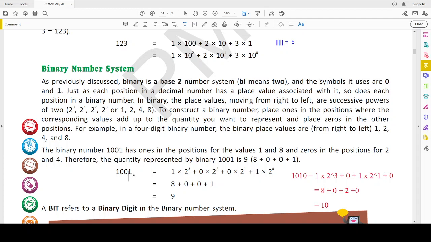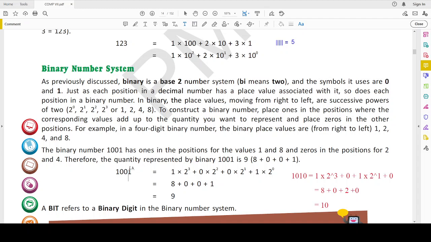Similarly, for the binary number 1001, you will calculate like this: 0, 1, 2, 3. This is 2 to the power 0, 2 to the power 1, 2 to the power 2, 2 to the power 3. Why 2 to the power? Because this representation is in the binary number system.